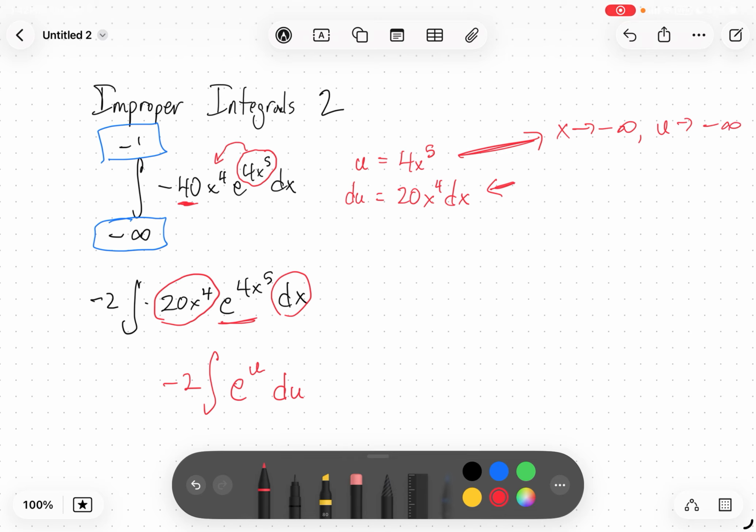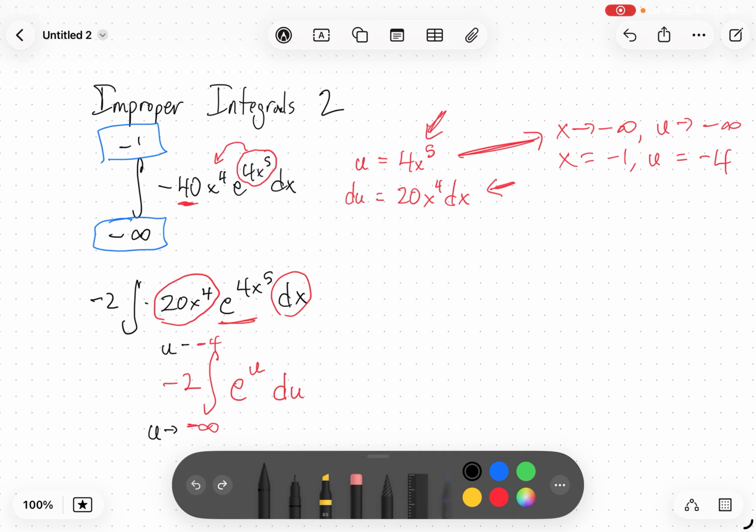So we're still going to have our negative infinity there. But when x is equal to negative 1, we can plug x equals negative 1 into this expression to find out what u is, and that's going to be negative 4. So we'll have an integral where u is approaching negative infinity and u is equal to negative 4, because our variable of integration is u.